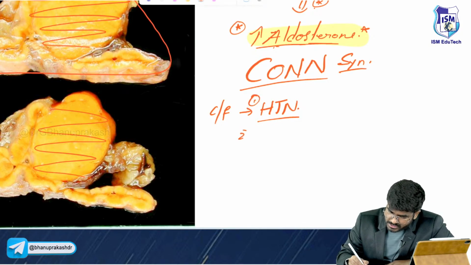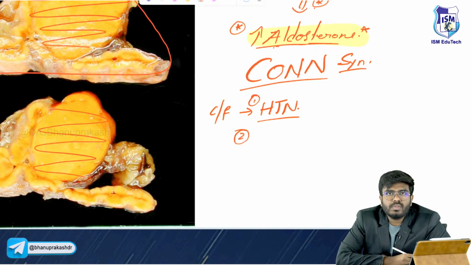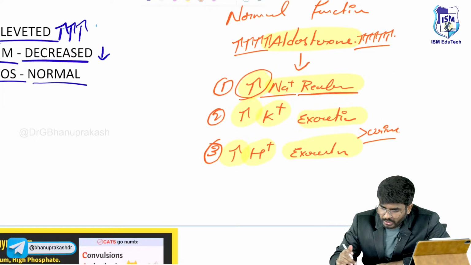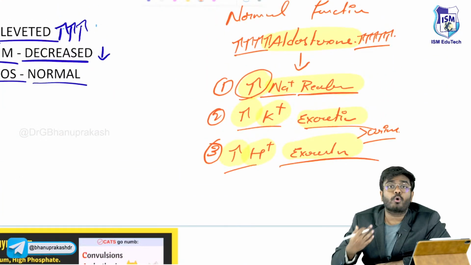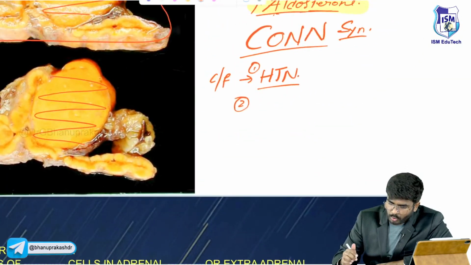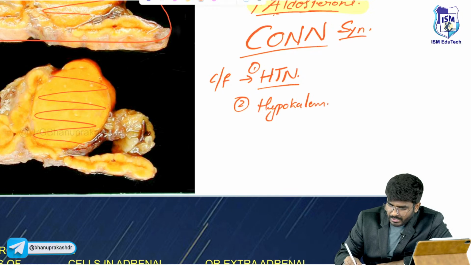Second, potassium and protons are going out of the body. More potassium excretion, more proton excretion. As more and more potassium goes out of the body, that will cause hypokalemia and alkalosis.